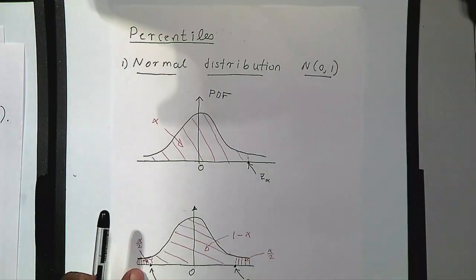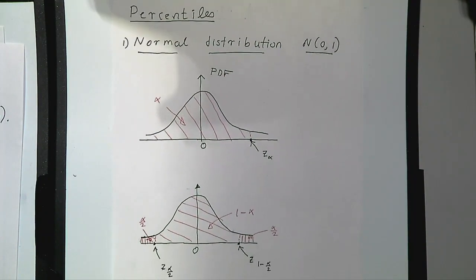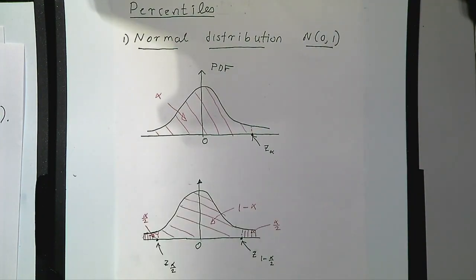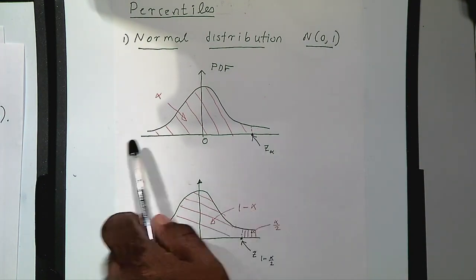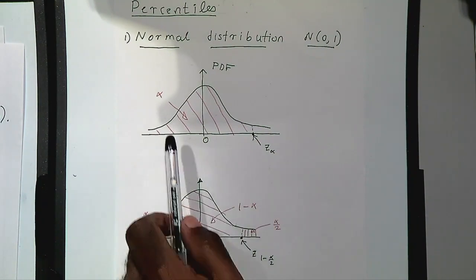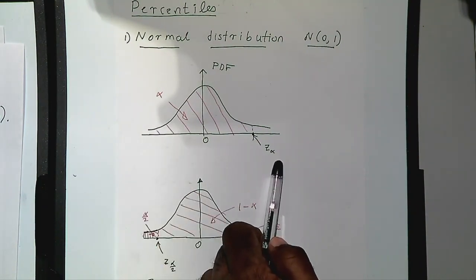Then I talked about percentiles. I talked about percentiles on Monday. For the normal distribution, the percentile are defined like this. So this is the shape of the density of a standard normal. You should take a point along the x-axis, and if there is an area of alpha to the left of that point, then this point is denoted by z subscript alpha.